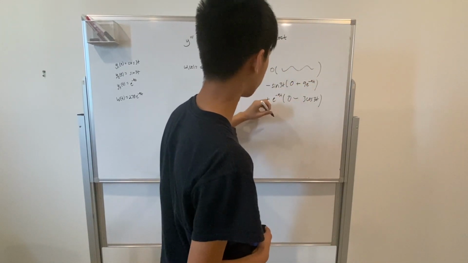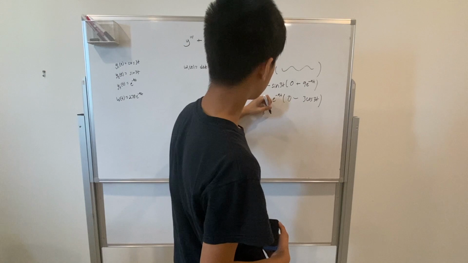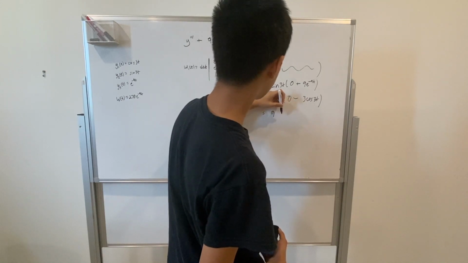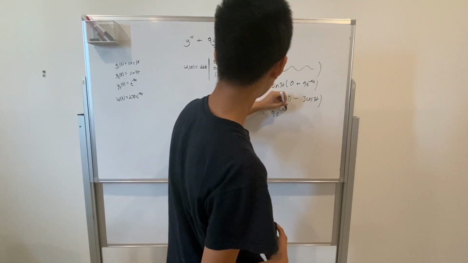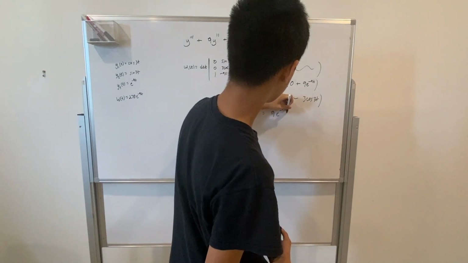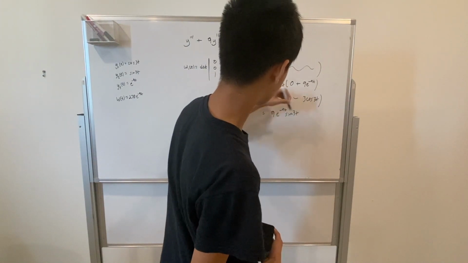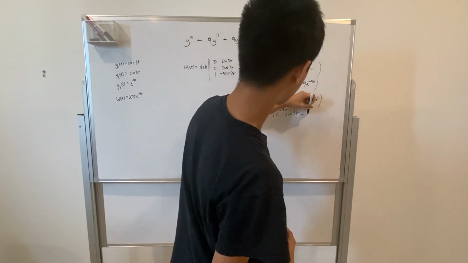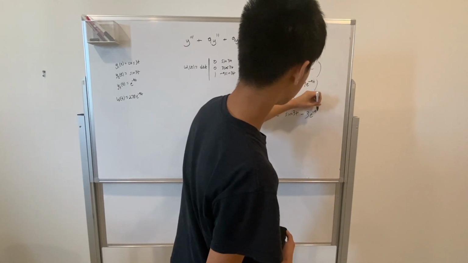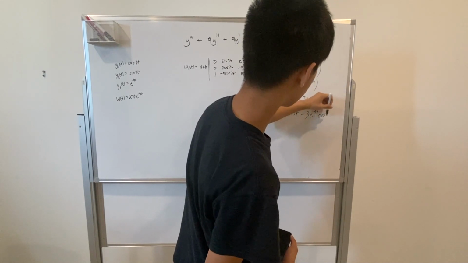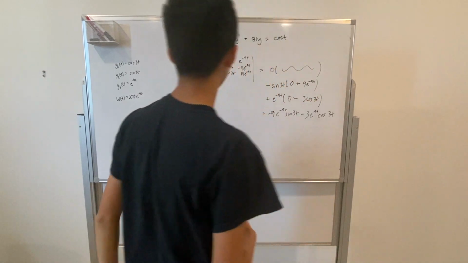So we have 9 e to the negative 9t sine of 3t. Remember the negative sign, minus 3 e to the negative 9t cosine of 3t. That's our first Wronskian.